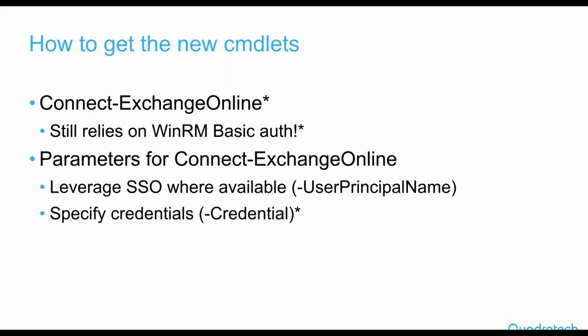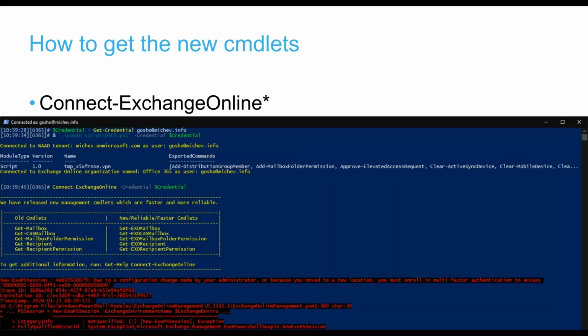And I have, again, a note to make here, which relates to basic authentication in one shape or form. So if previously you used the method of providing credentials for the old commandlets, you could do this, for example. In the first line, I'm getting the credentials for a user and just passing them to my connectivity script, which is establishing an old style session to Exchange Online.